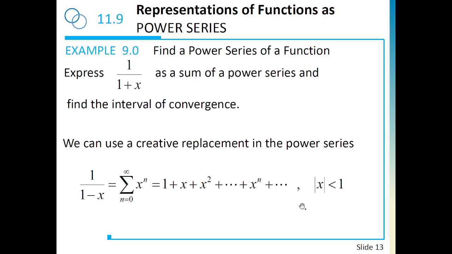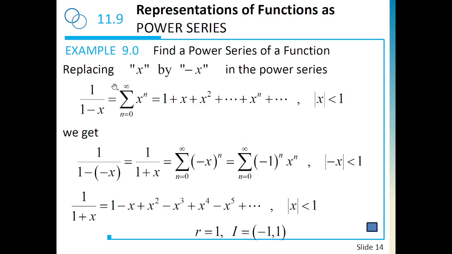So we will start from here. In order to have 1 plus x, I could replace here x by negative x. So it is a replacement strategy. So I have my reference series. Again, we need to memorize this series with the interval of convergence, super important.